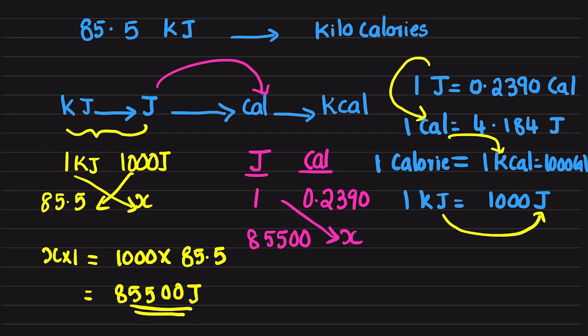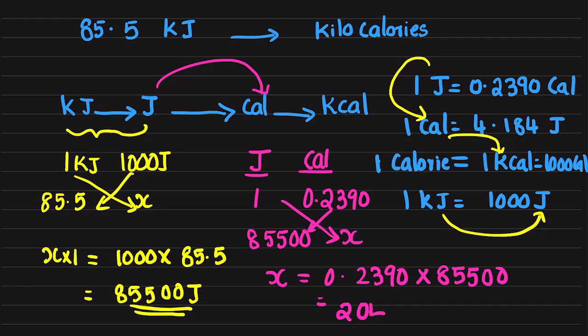Cross multiplying, 1 times x is x equals 0.2390 times 85500. So you are getting 20434.5 cal.